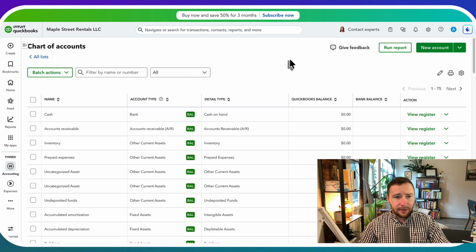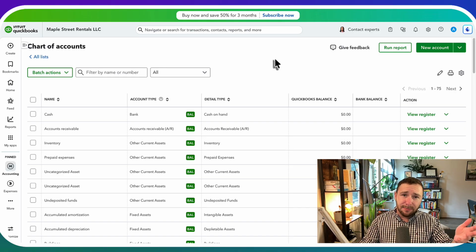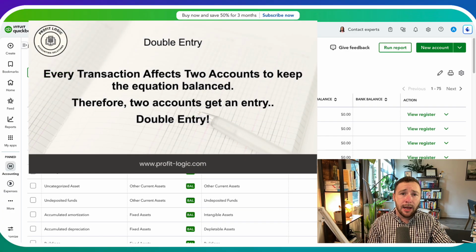And the chart of accounts is highly dependent on something known as the accounting equation. So QuickBooks, Wave, all the software you see online that's built for accounting is all dependent on something known as double entry accounting. And that means that with any transaction, there's always going to be at least two accounts affected.